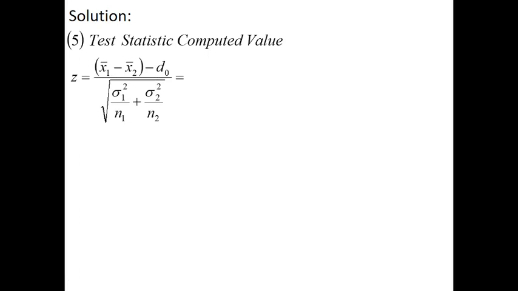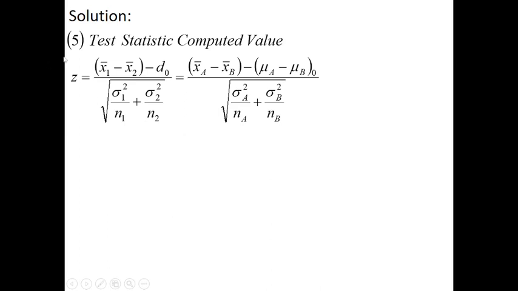So we have the test statistic computed value. This is the formula I have shown in my previous discussion. This will be the corresponding formula in terms of A and B: x sub a bar minus x sub b bar.